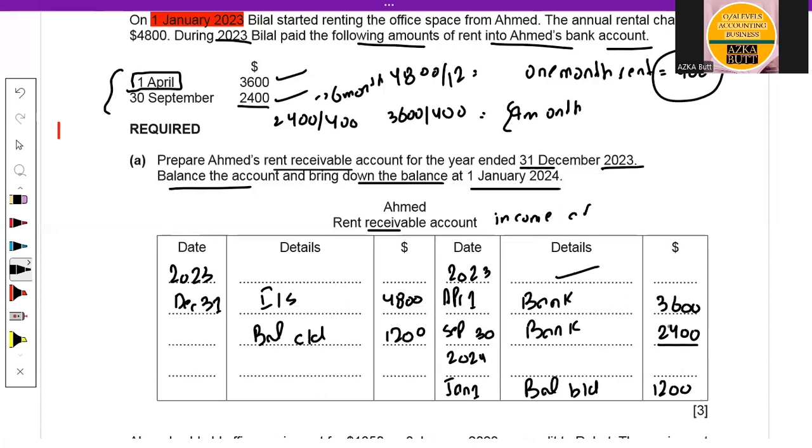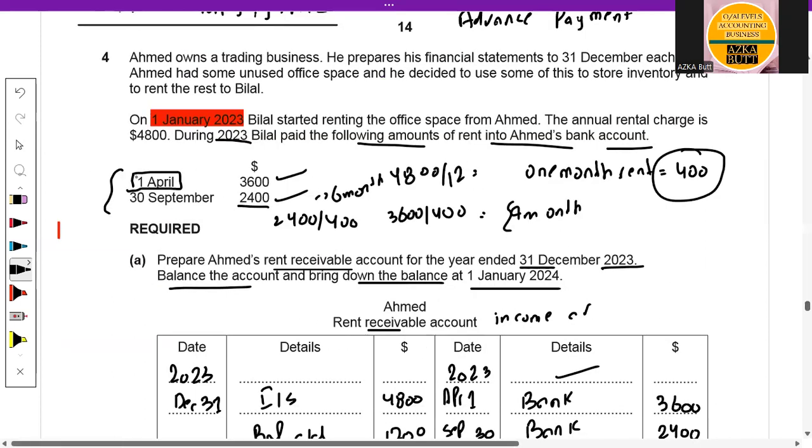First of all, you have to know for how many months we should transfer to the income statement. As I told you, he paid this $3,600 from January to September, but the year is basically ending on 31st December. So this $3,600 is related to this year's payment.